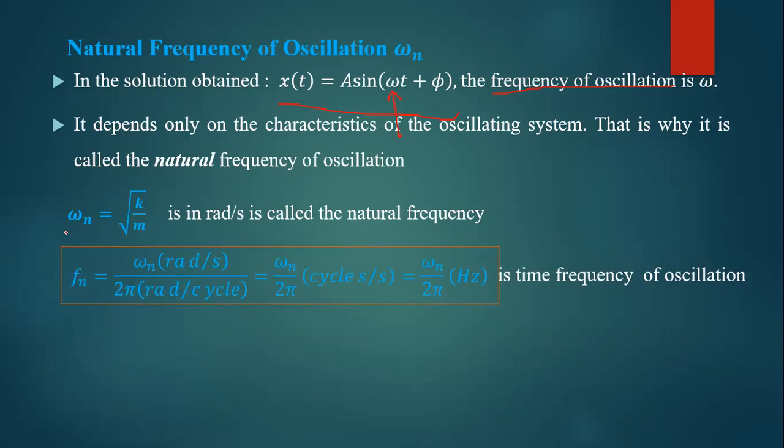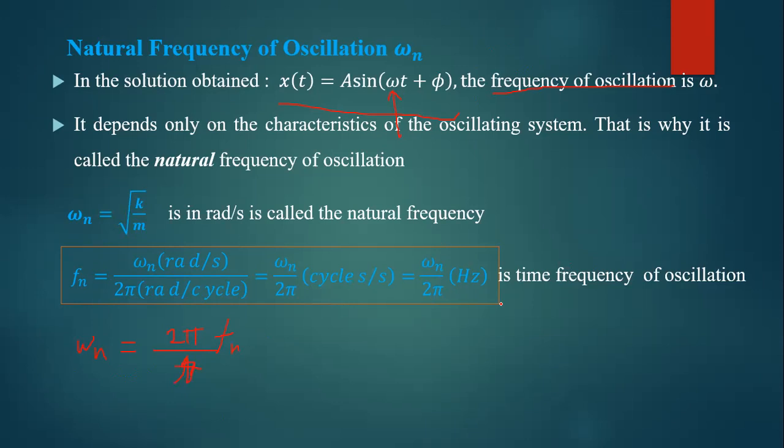So omega n is equal to 2 pi times fn, sorry, 2 pi times f n. Omega n is in rad per second, and in every cycle we have 2 pi rad, which gives us fn equal to omega n over 2 pi hertz. That is the time frequency of oscillation.